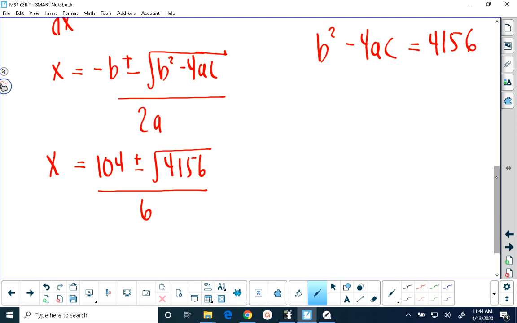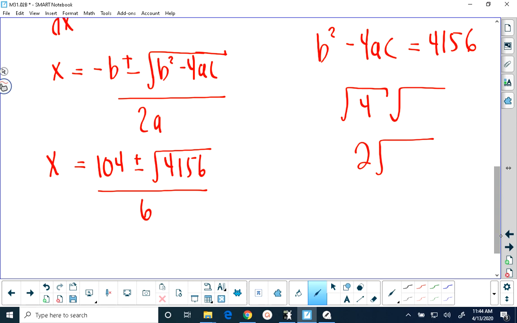Now, you know what? The square root of 4156 is simplifiable. I can see that 4 divides into it, so you can break it up into root 4, root whatever else, and write it as 2 root whatever else, and then you can start canceling a 2 out of the top and the bottom. But I don't care about that. That's grade 11 math. I'm interested in the calculus here.